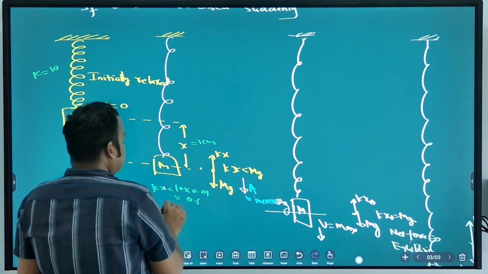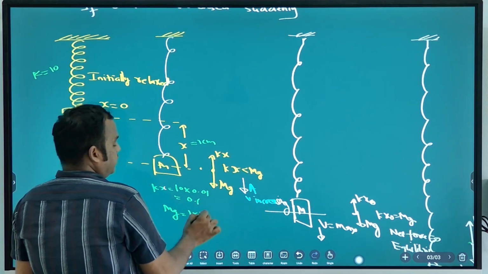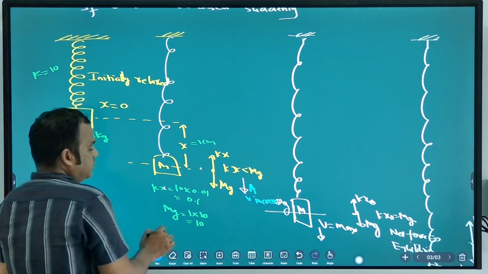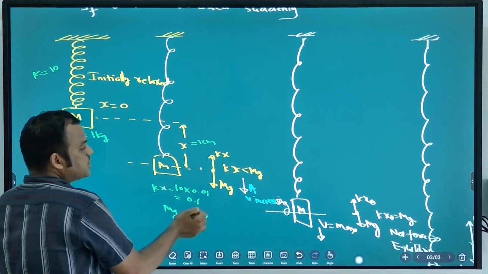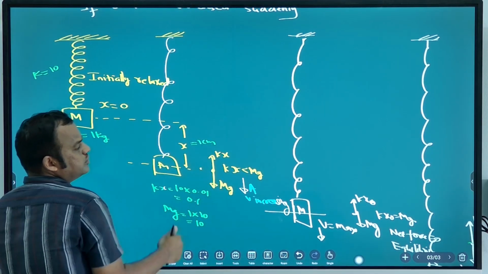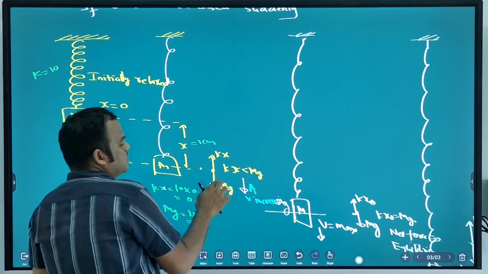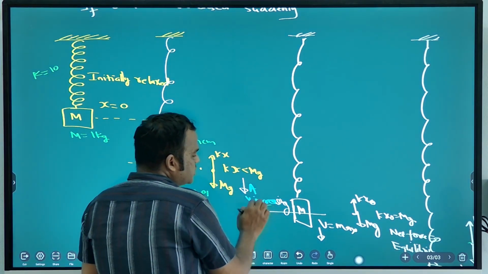And how much is mg? 1 into 10, so 10. Now which is greater, kx or mg? mg is greater. So acceleration will be down, because mg is greater, correct? So acceleration is downward and velocity is increasing.